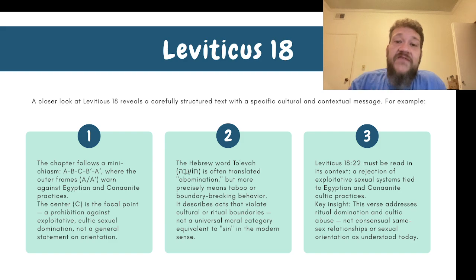And same sex behavior was not only known, but it was documented and socially varied. So, male on male sex occurred, especially in temple prostitution, cultic rituals, and hierarchical systems, meaning status based. And many times this was very exploitative, and that's very important for us to realize.